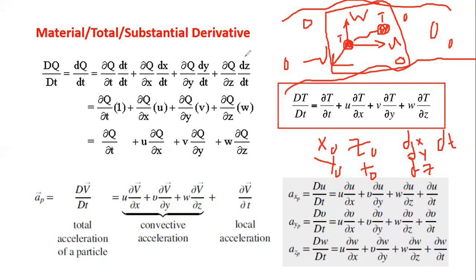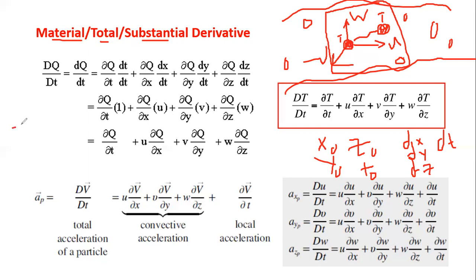So the material derivative, or the total derivative, or substantial derivative, all the three names refer to the same thing, can calculate the new temperature. Actually, it doesn't calculate the new temperature. You have a temperature here, and you have a temperature here that is different from the old location.